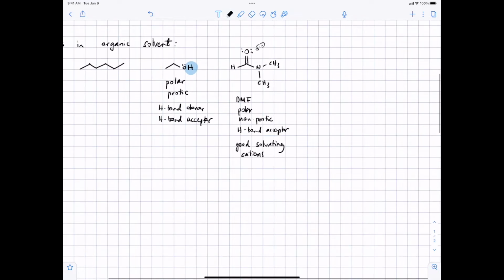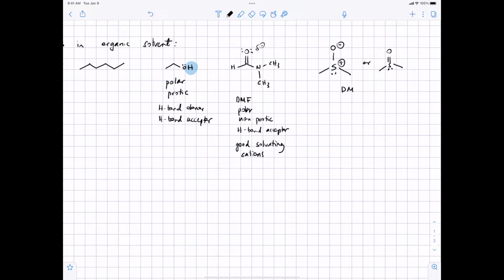Similarly, you've got DMSO, which you can draw in a couple of ways. Dimethyl sulfoxide you can draw like this, or if you want to, you can draw it like this. It's got a hypervalent sulfur.